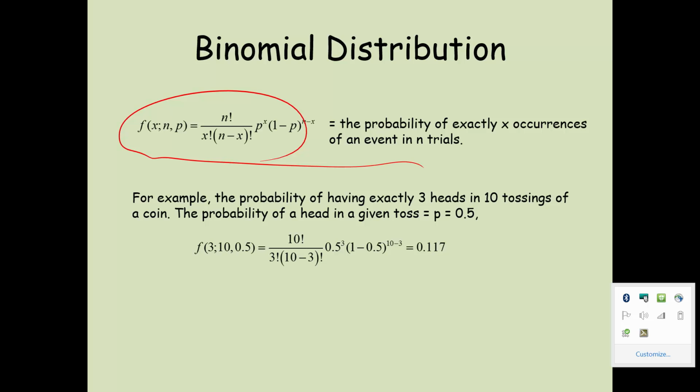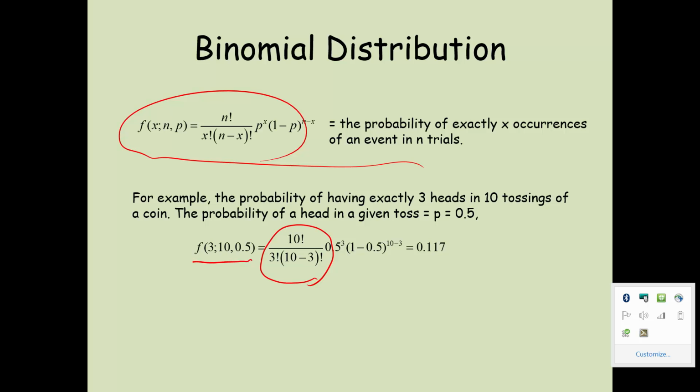One could occur on the first toss, one on the 5th toss, and one on the 10th toss. Or one on the first toss, one on the 3rd toss, and one on the 8th toss, and so forth. That's what this quantity here accounts for: the number of ways in which the 3 heads could occur within the 10 tosses.